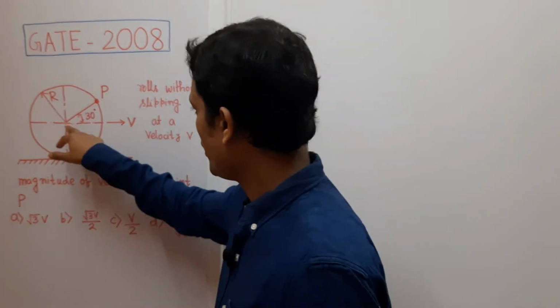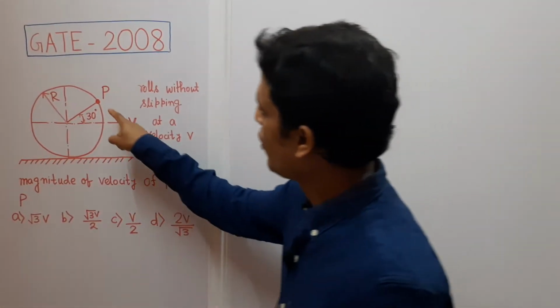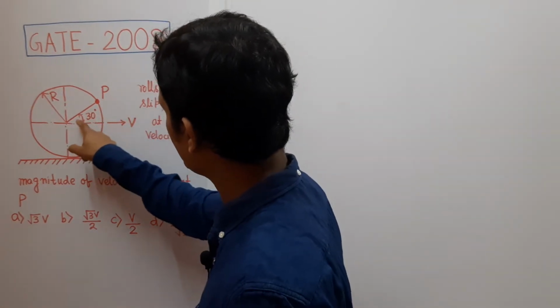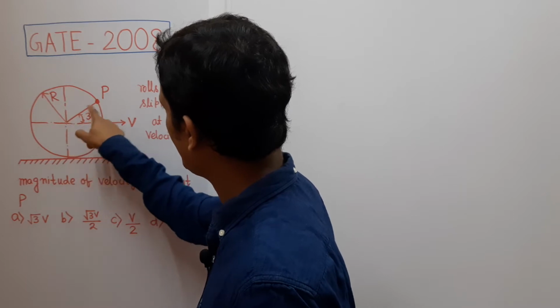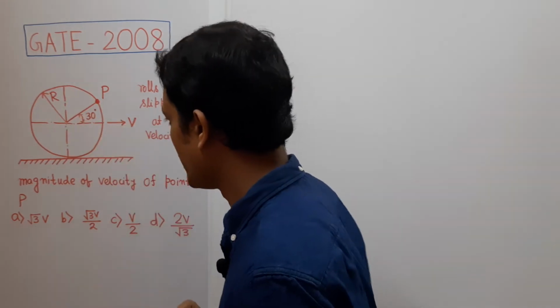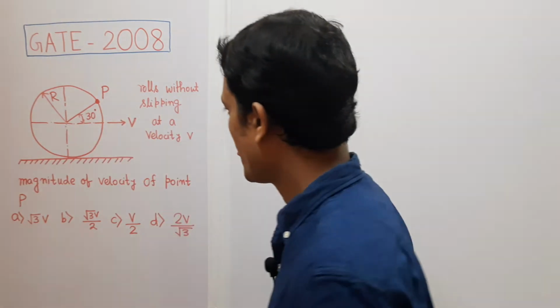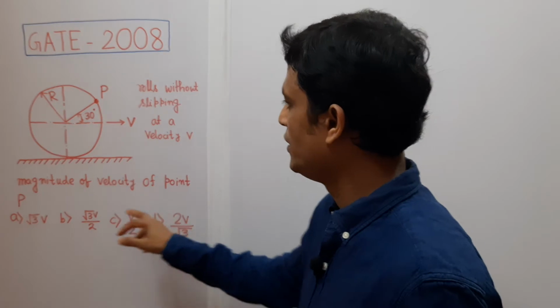The center point of the disk has a velocity v, and there is a point P on the disk such that the line joining the center and P makes 30 degrees with the horizontal line, as shown in the figure. You have to determine the magnitude of the velocity of point P.